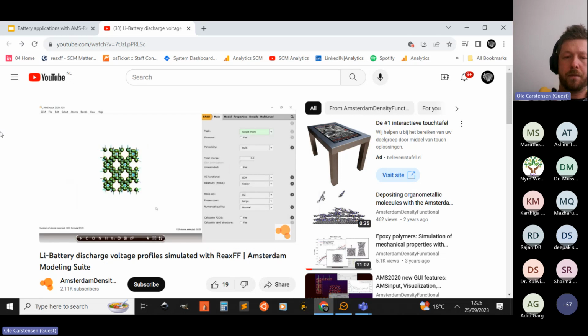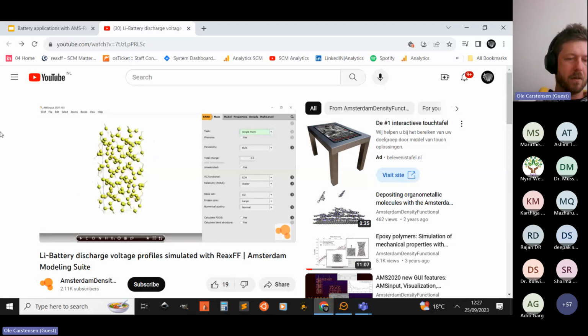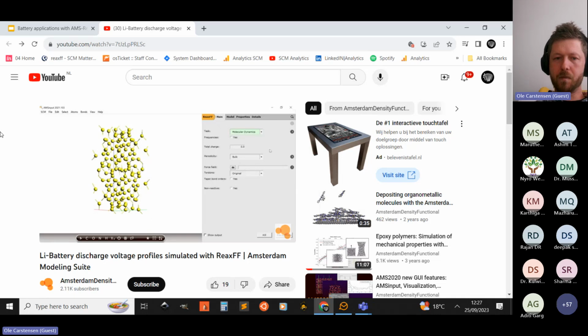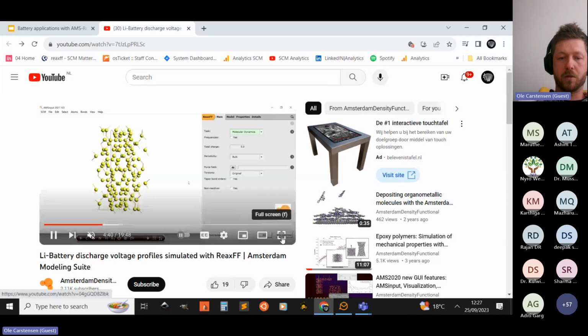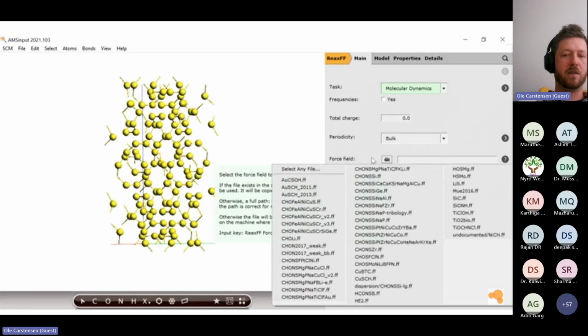Here I'm importing this structure. This is a video showing how to calculate voltage discharge profiles. You can choose different compute engines on the left, and you have control panels where you set all these things.